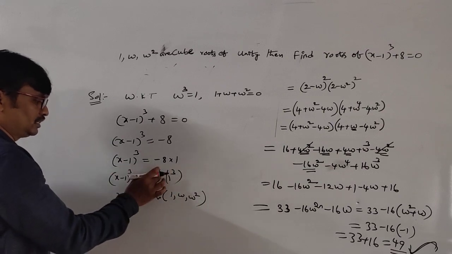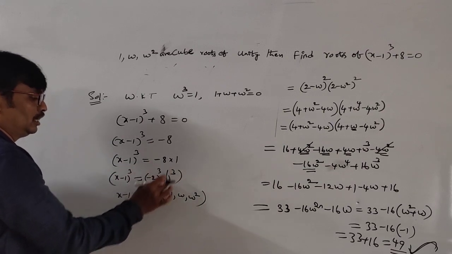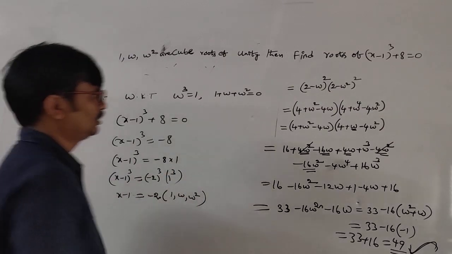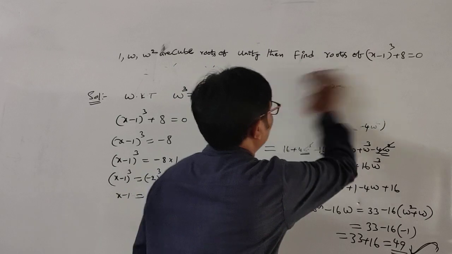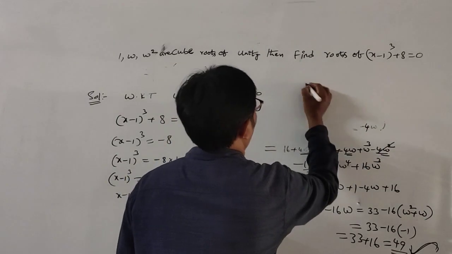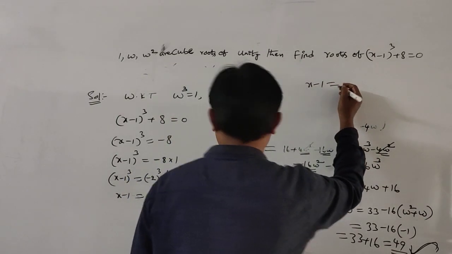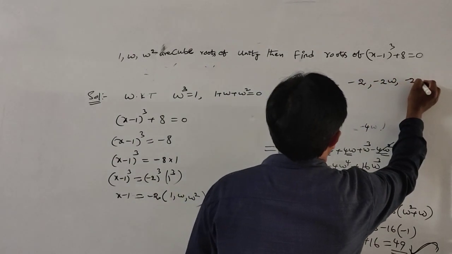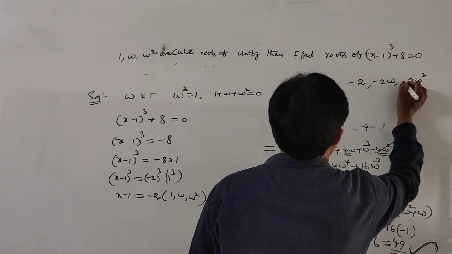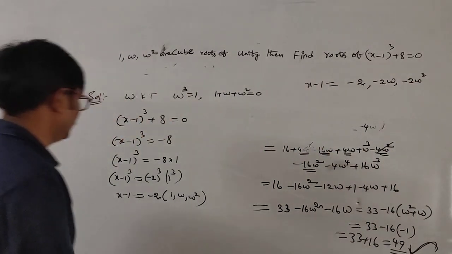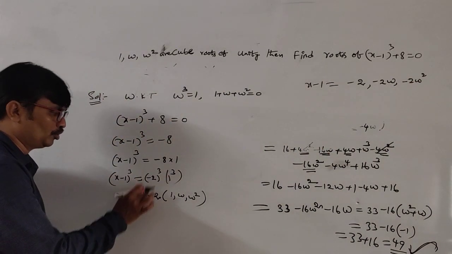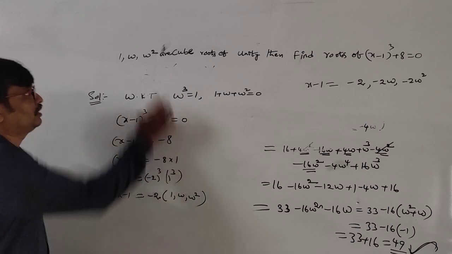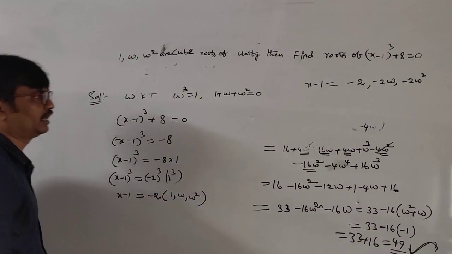The cube is sent to the other side, cube root and 3 cancel. Cube roots of unity are 1, omega, omega square. So students, the roots of the equation: x minus 1 equal to the first one, minus 2, then omega, omega square. So when this is sent to the other side, cube root of cube and 3 cancel, minus 2. Cube roots of unity are 1, omega, omega square.